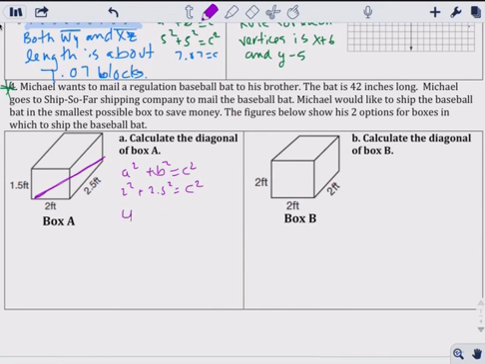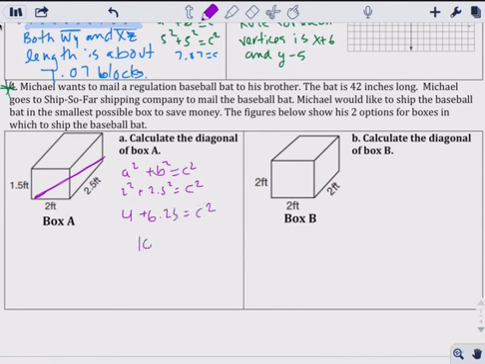That is 4 plus 2.5 times 2.5, 6.25, equals C squared.